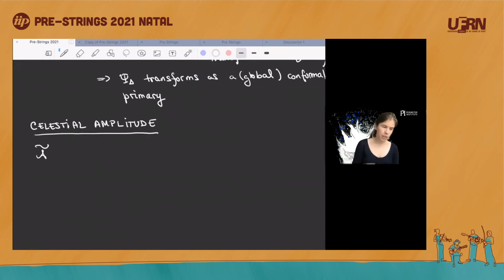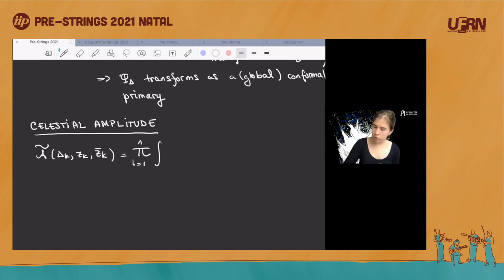So this is going to be some function of delta k, z k, z bar k, which is a product over i running from 1 to n. So we're imagining we're scattering n massive particles.